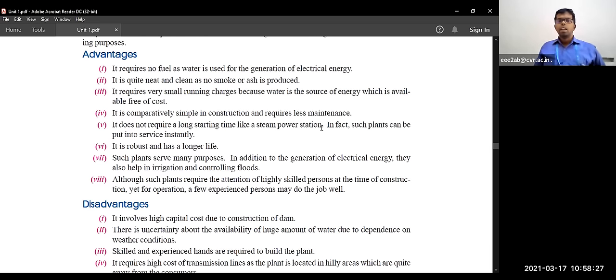It will take some 1.5 hours for the plant to be in operation, if you want to connect the thermal power station to the bus or a grid. So definitely it needs 1.5 hours to connect to that particular grid.